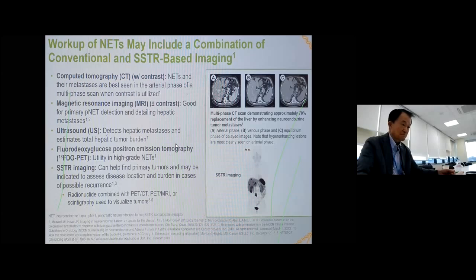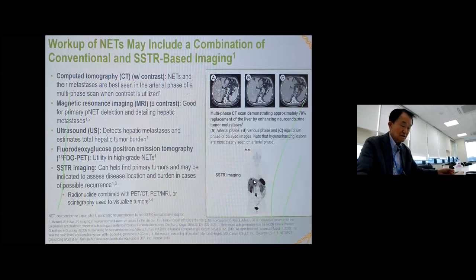But again, in the same patient, some lesions may have receptor 5, then it will show. But if the lesion has receptor 2, you're not going to see it. So when you see multiple lesions, we usually put the patient on Sandostatin suppression.